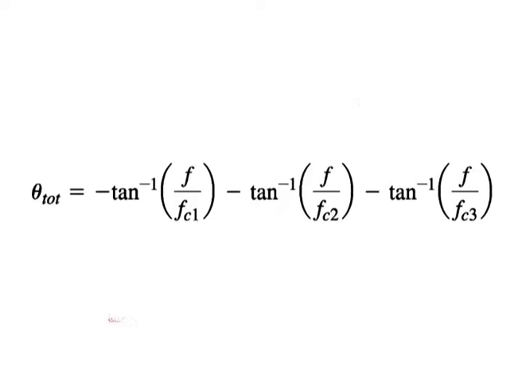The phase lags of the stages of an op-amp are added to produce a total phase lag according to the following formula for 3 stages. Theta total is equal to minus tan inverse f over fc1, minus tan inverse f over fc2, minus tan inverse f over fc3.